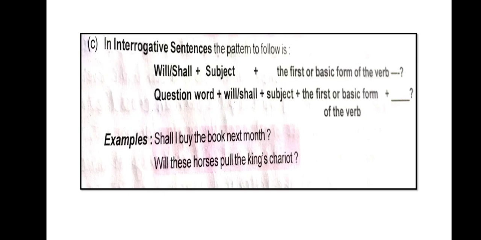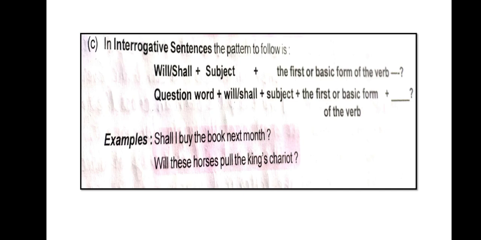Now here we have, in interrogative sentences the pattern is like this: will or shall. When we are using interrogative, will and shall will come first. So will or shall plus subject plus the first or basic form of the verb and then question mark.